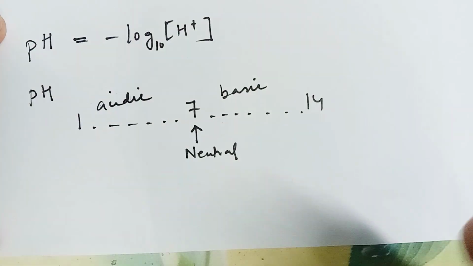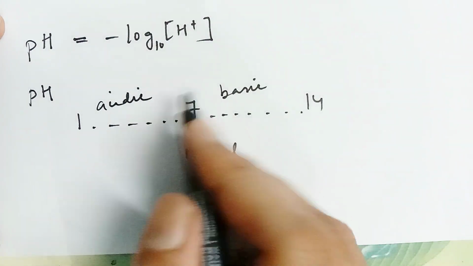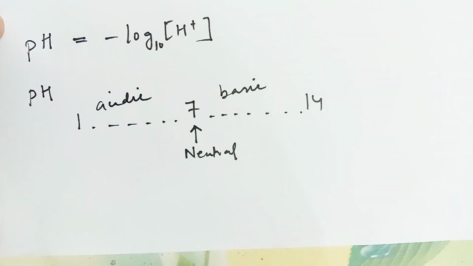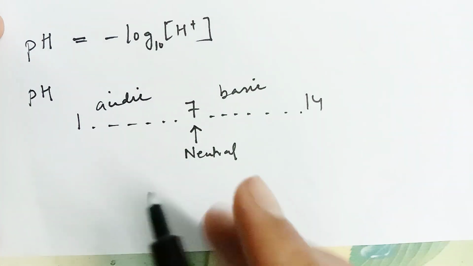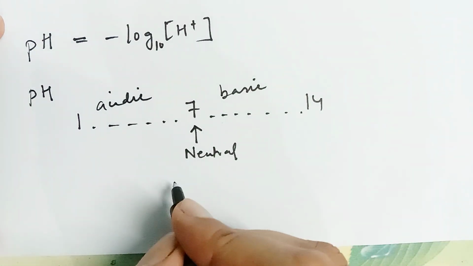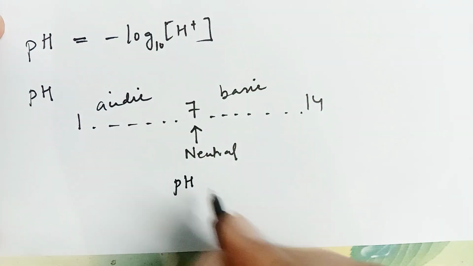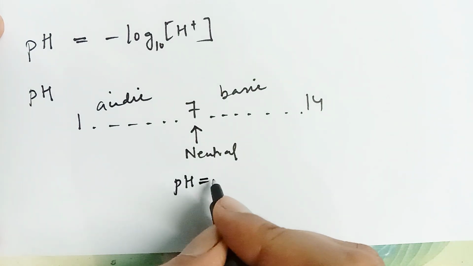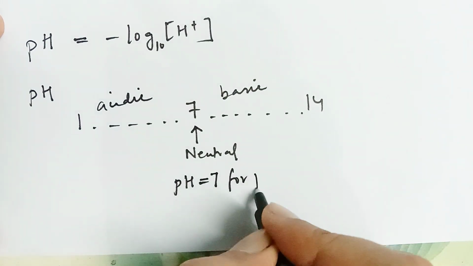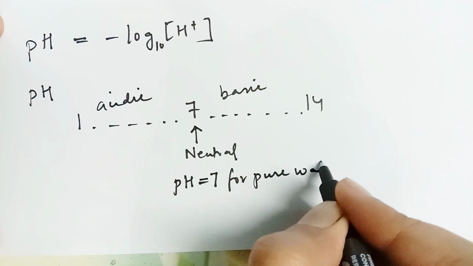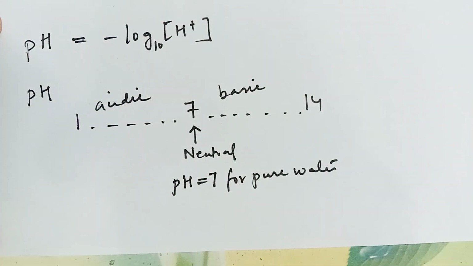Can you tell an example of pH 7? Let me tell you that pH is equal to 7 for pure water. You can note it down, it can come.